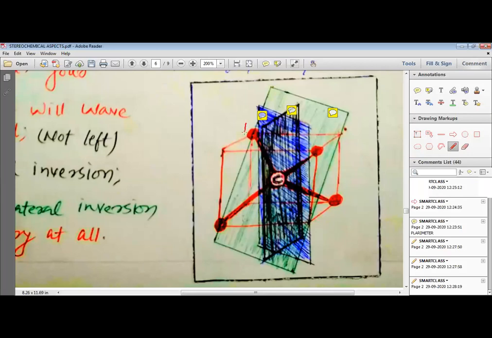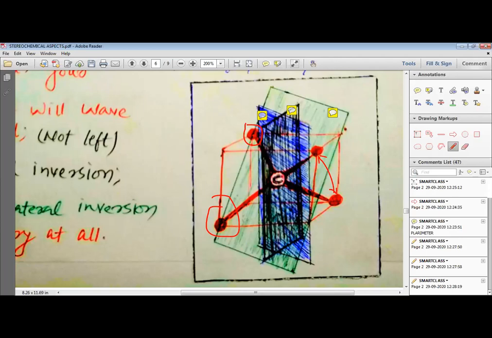One is this atom and the other one is this atom. The green plane is passing through these atoms, but this atom and this atom become the mirror image of each other. And our carbon is exactly cut in half by this plane.